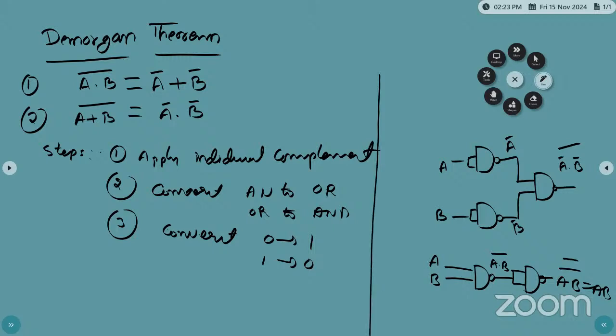Okay, now you can see, the first one is the AOI logic. AOI means AND-OR-Inverter.